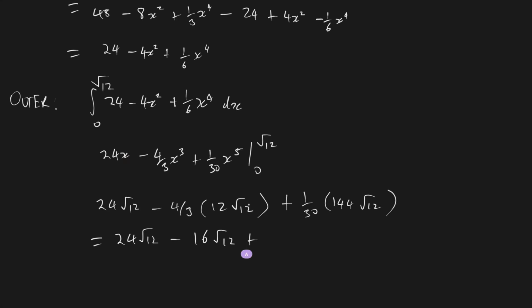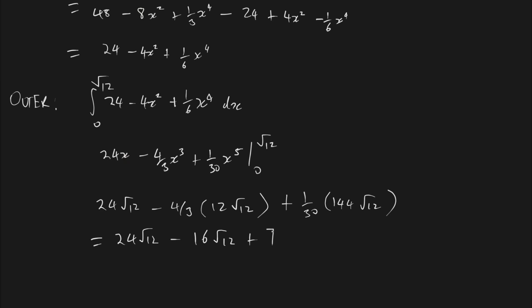144 divided by 30. So that's 4.8. Well, you know what? Actually, I don't need that calculator. I can do this myself. So 144 over 30, which is 72 over 15. 72 is divisible by 3, I believe. So it's 24 over 5.